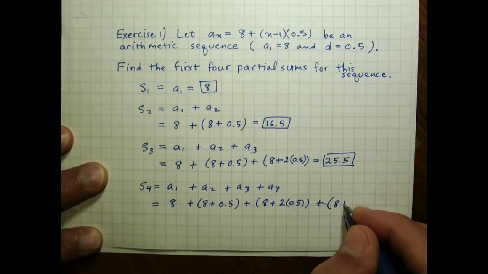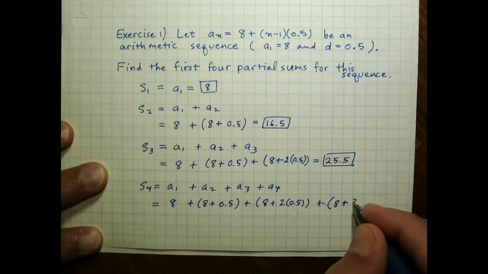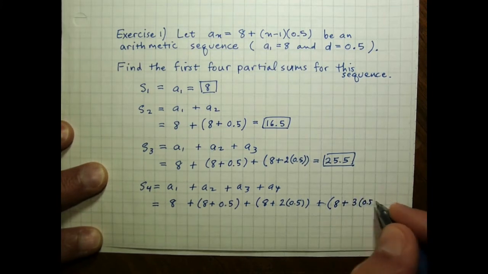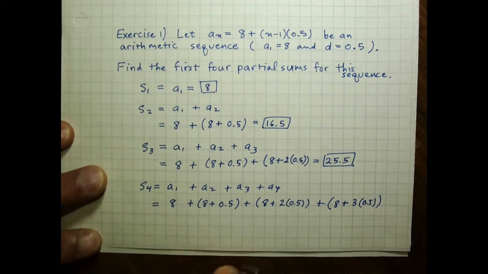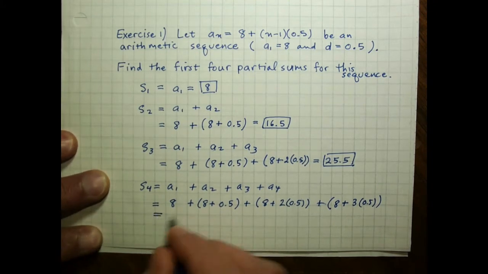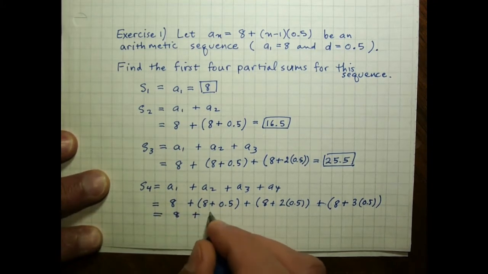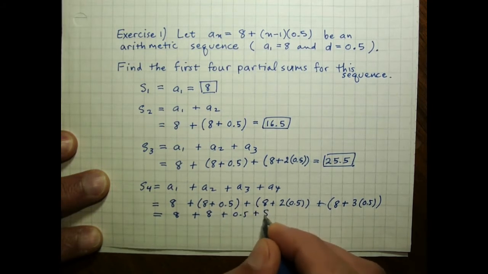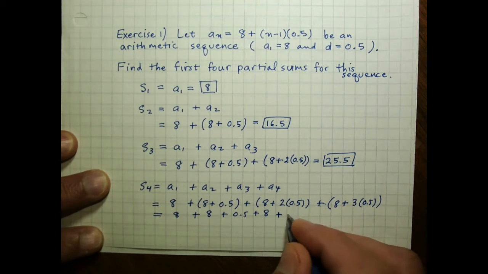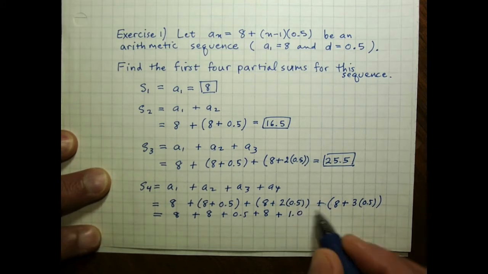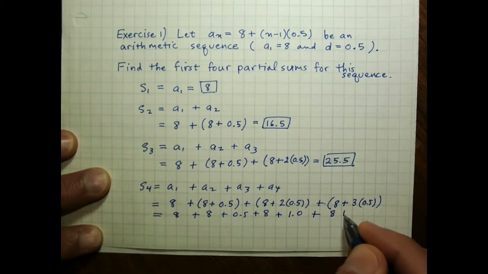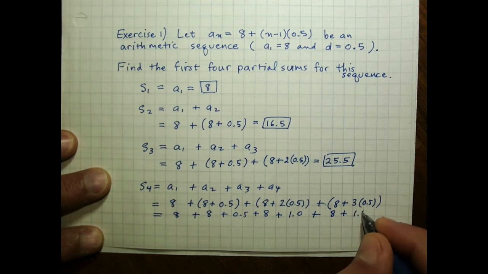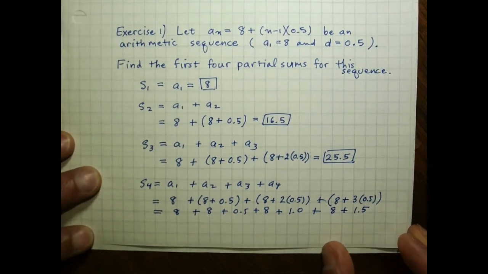It's going to be 8 plus 3 copies of 0.5. And just to make sure this is clear, I'll write it 8 plus 0.5 plus 8 plus, this was 1.0, plus another 8 plus 3 copies of 0.5, which is 1.5.